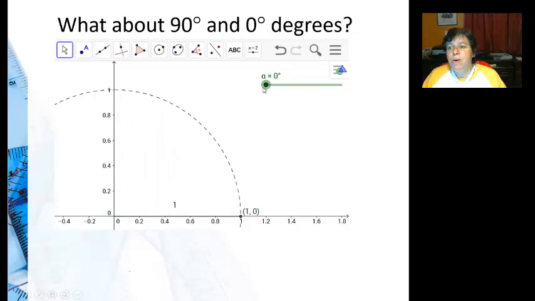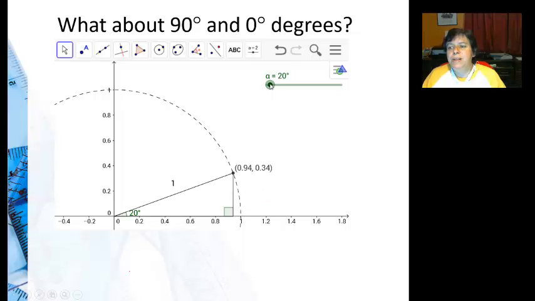If I went to 0 degrees, the opposite leg would be 0. And the adjacent would be 1, even though you can't see it. So 0 over 1 is 0. So sine of 0 degrees would be 0. And cosine would be 1 over 1, which is 1. So that's an interesting value, not something you really have to memorize.